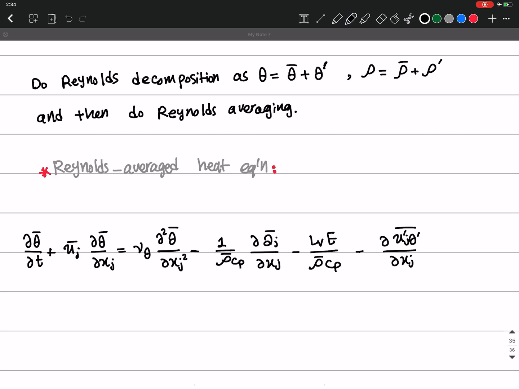Okay, so this is going to be our Reynolds-averaged heat equation in the general form of it.